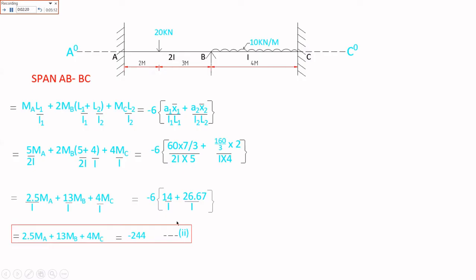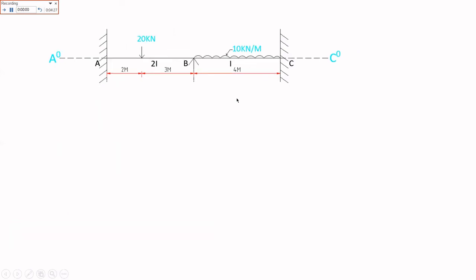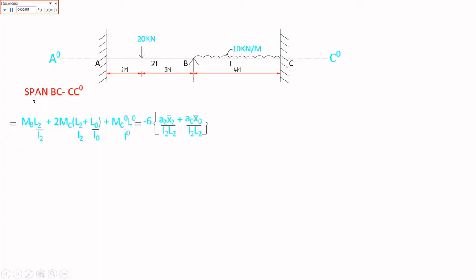Now next we are going to the next span, that is span BC and C naught. If you apply the three moment equation, you will get this. Again, the value of L naught over I naught is 0 because it's an imaginary span.